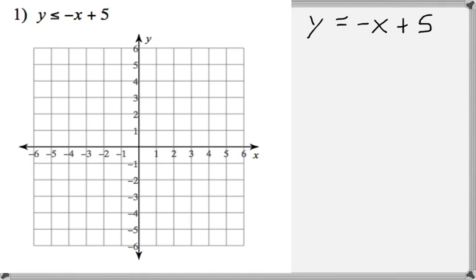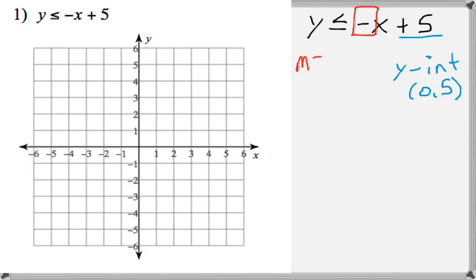The same thing applies even though we have a less than or equal to. Our y-intercept is still going to come from this number. It is the point (0, 5). And our slope is still going to come from the number with the x.